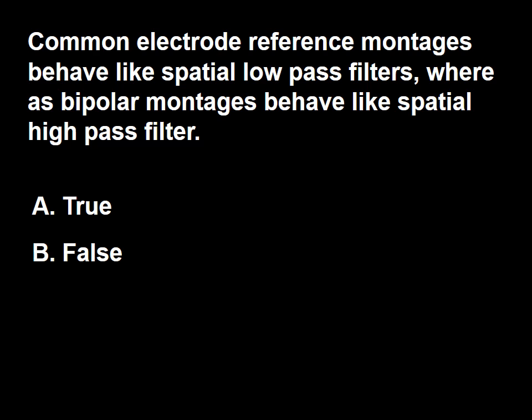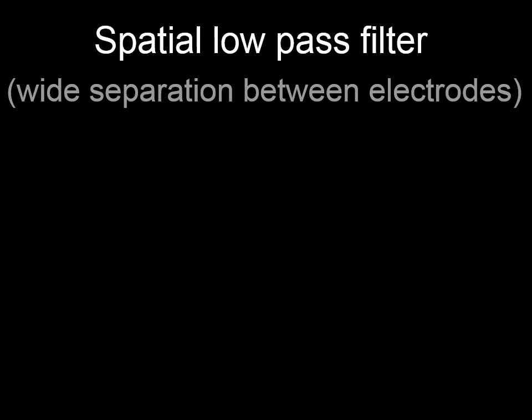Next question. Common electrode reference montage behave like a spatial low-pass filter, whereas bipolar montage behave like a spatial high-pass filter. True or false? The spatial low-pass filter effect is a consequence of a wide separation between electrodes attached to the same differential amplifier.